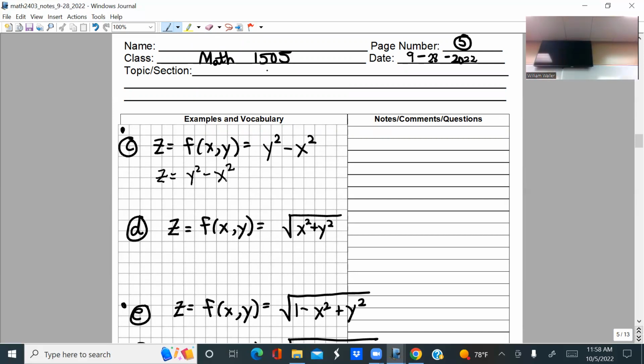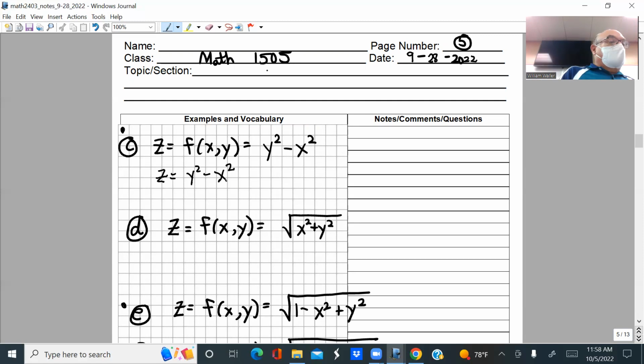Everyone got their cheat sheet here. While I'm thinking about that, let me start with the sheet. So what is that thing?